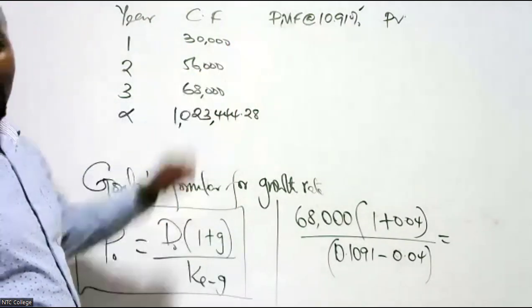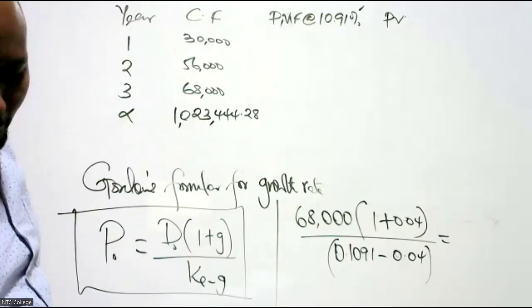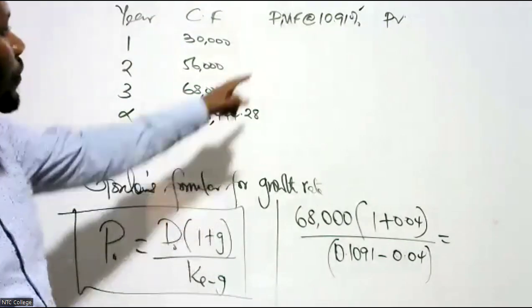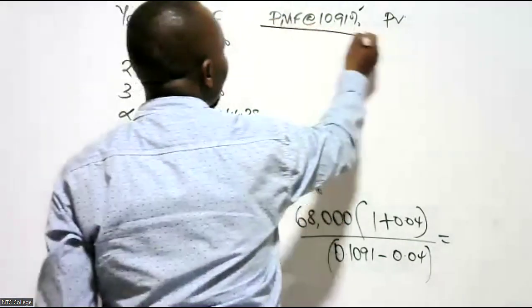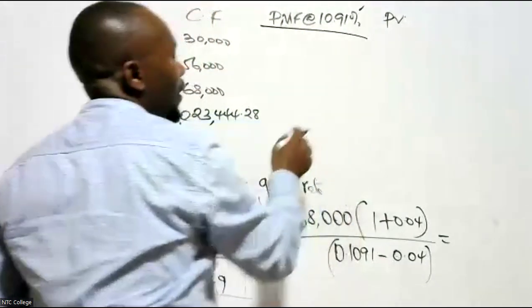Then now get the discounting factors for year one, year two, year three.